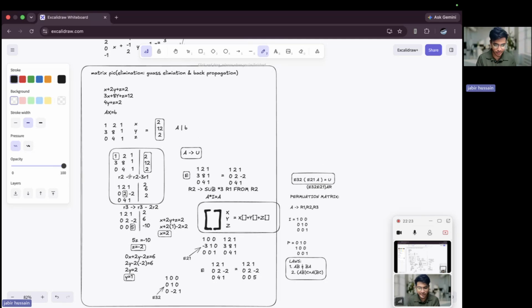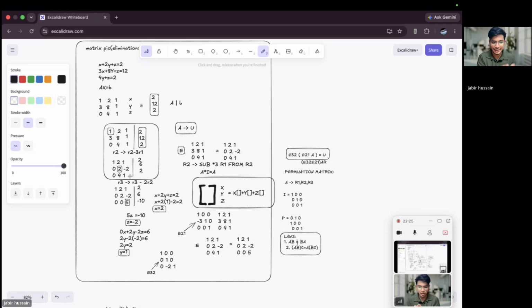If you notice what we did in this example, we have a matrix A and we keep on doing the elimination process on matrix A until we get U.